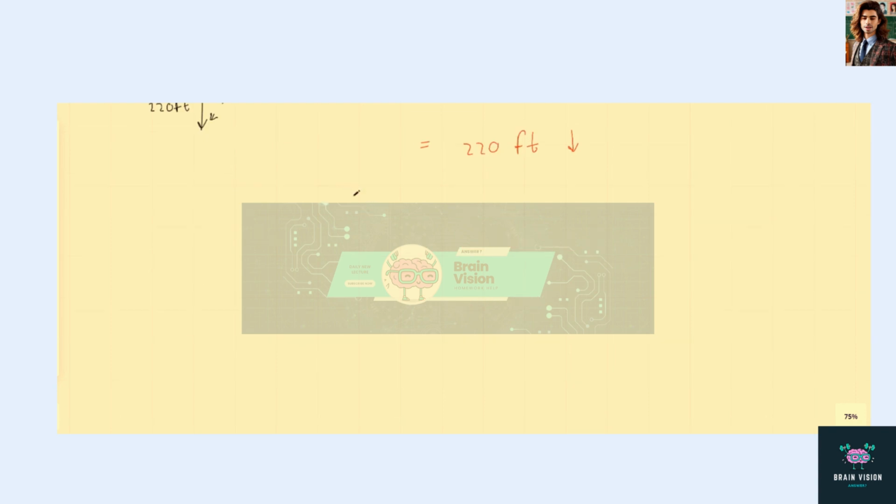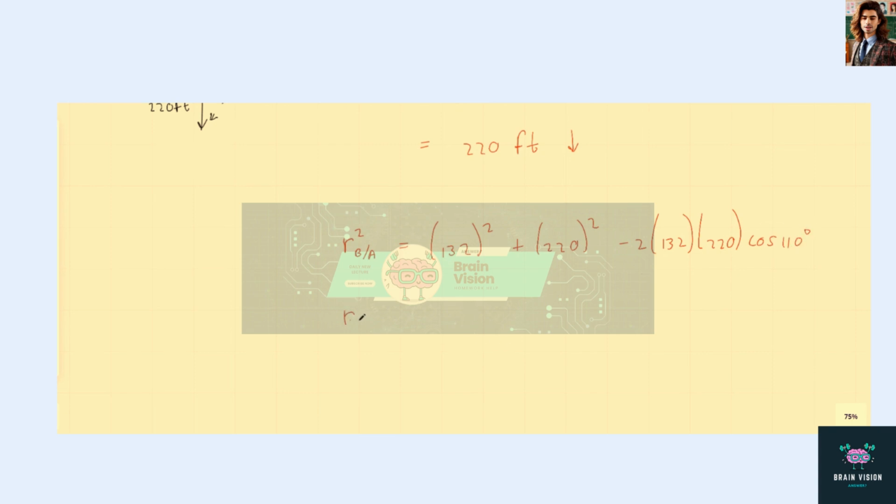And we know by the law of cosines, we have the position of B relative to A squared is equal to 132 squared plus 220 squared minus 2 times 132 times 220 times the cosine of 110 degrees.